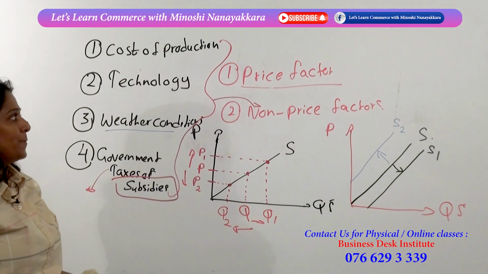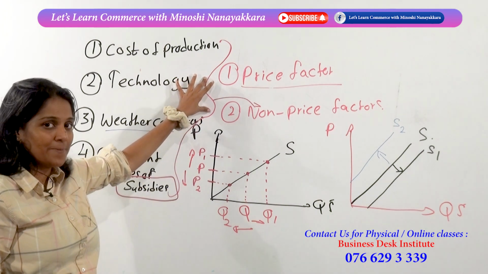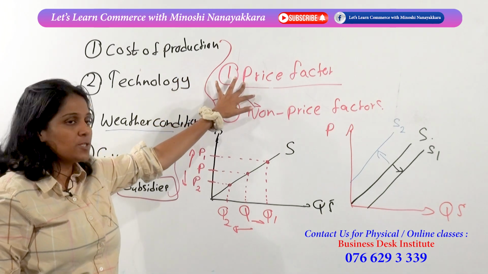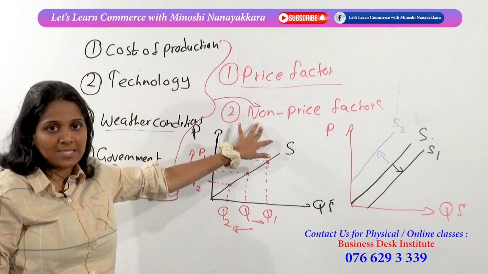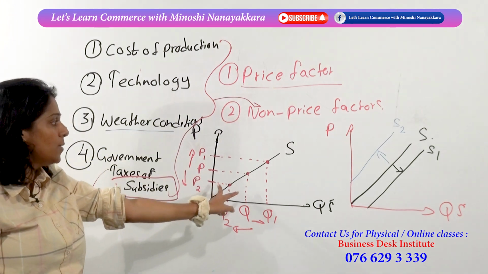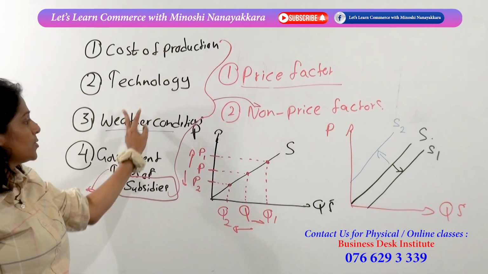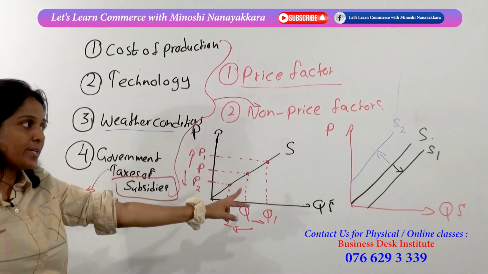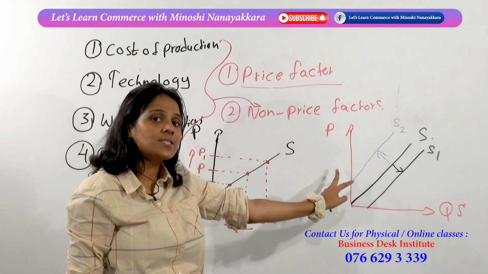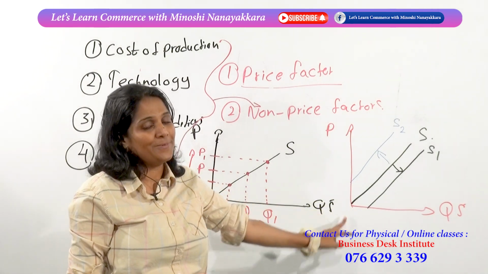There are two categories of factors which affect the supply, same as demand: price factors and non-price factors. If it is a price factor, we show it with a movement along the curve. But if it is one of these non-price factors, we show it by a shift in the supply curve to the left-hand or right-hand side. Okay, thank you.